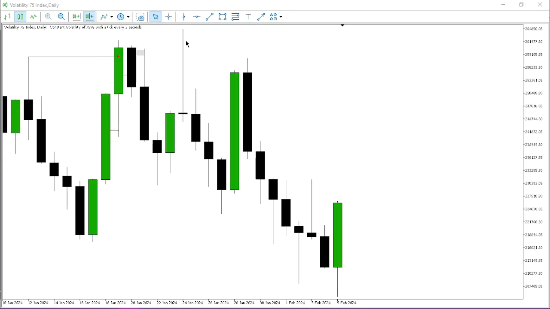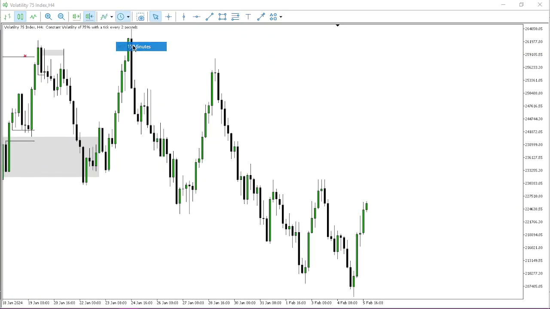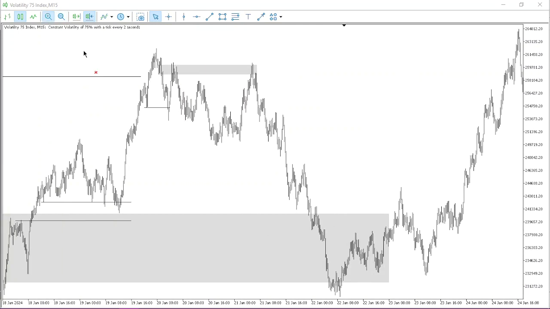If you look at it once more, we had that fair value gap there, right? This is a discount fair value gap, if I remember. Yeah, in discount. This is how it looks right there.